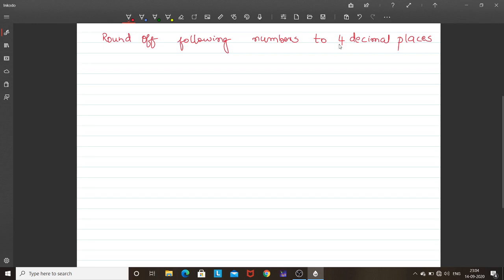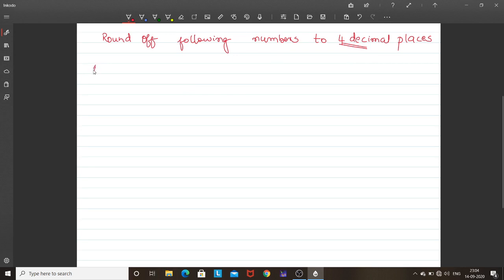It is given as 4 decimal places, not 4 significant digits. In the previous problem you had to round off to 3 significant figures. In this problem you have 4 decimal places, so be careful about this.